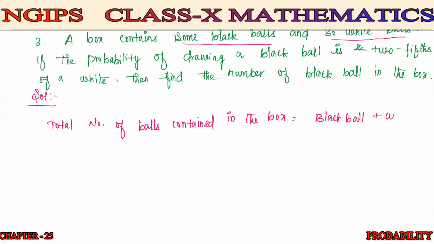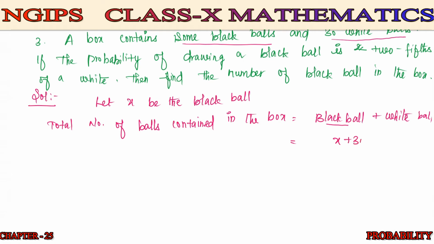Here white balls is equal to 30. Do we know the black balls? No. So let X be the black balls. Therefore the total number of balls contained in the box is X plus 30.